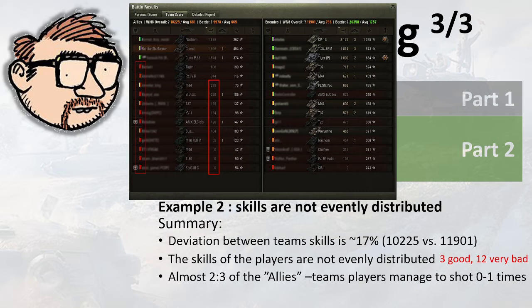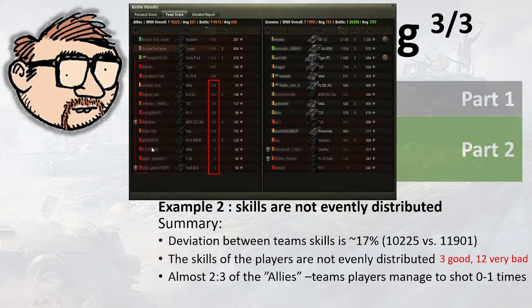And also, if we are trying to find more proof for that, we can easily see from the players' damages how much they did or didn't do.